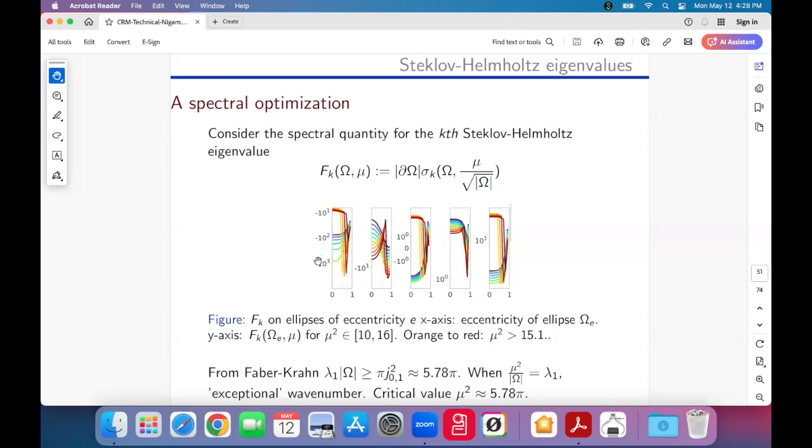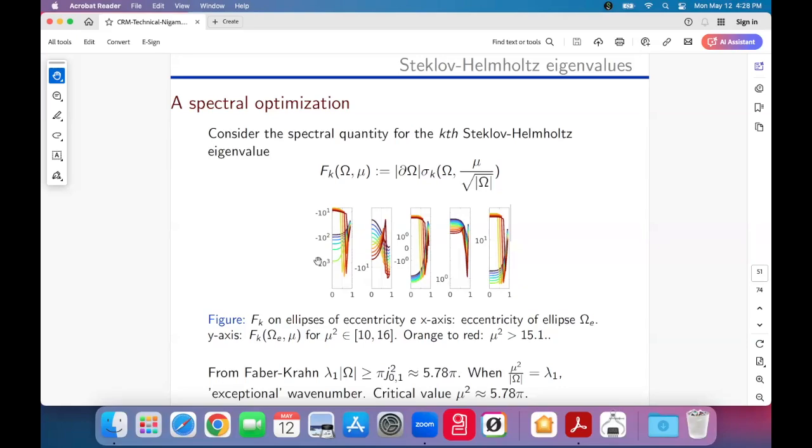There are many possible scalings for this problem because you've now got this wave number in there as well. And the question of interest is, amongst all possible smooth omega, which one optimizes F? I don't care if I have a disk or double the disk, so that's why it's got to be scale invariant. And here I'm just looking over all ellipses, and this is what I got.